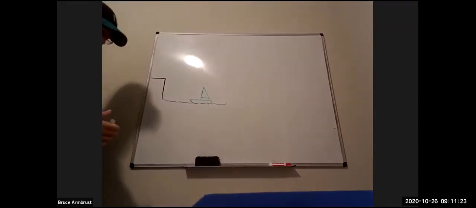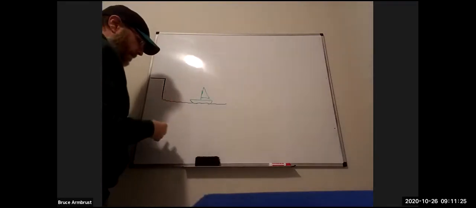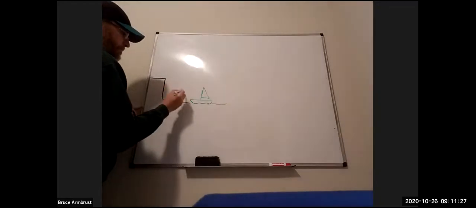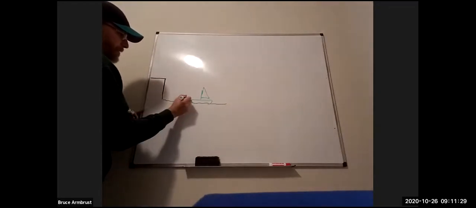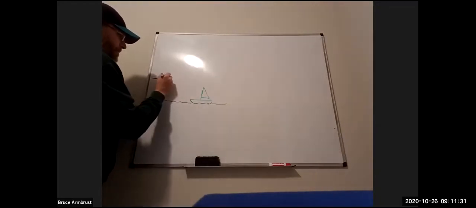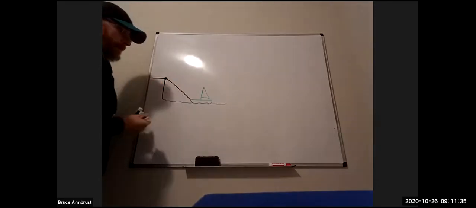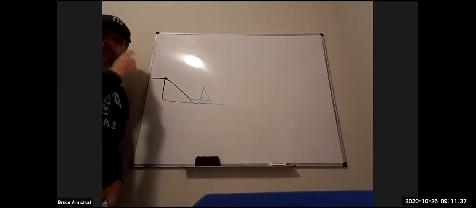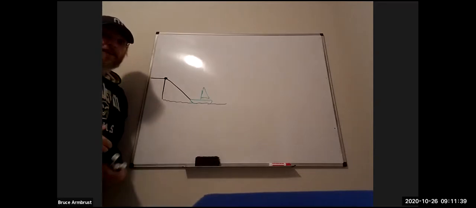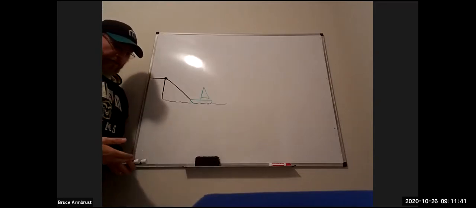We're pulling in on this boat with a winch. So there's something up here, like a pulley type thing, that's pulling in our boat. Here's the general picture of the scenario.